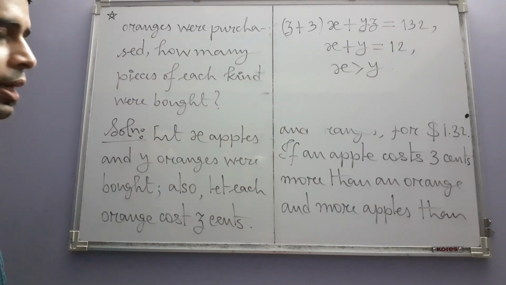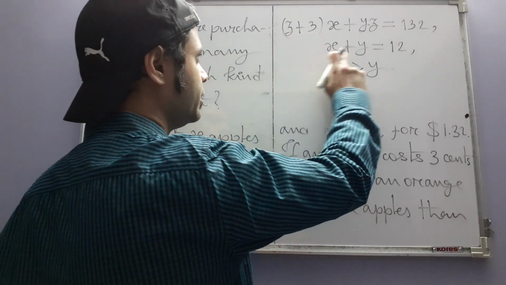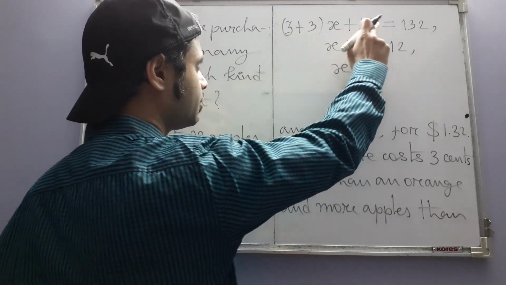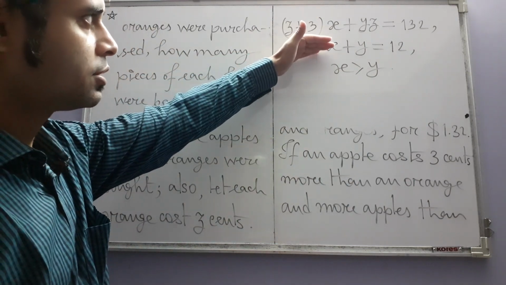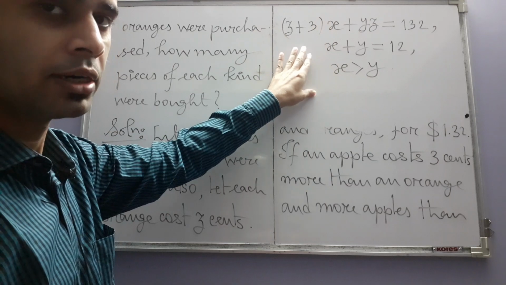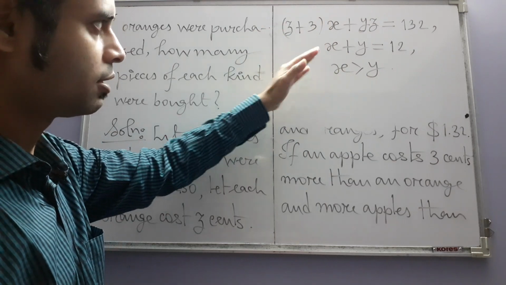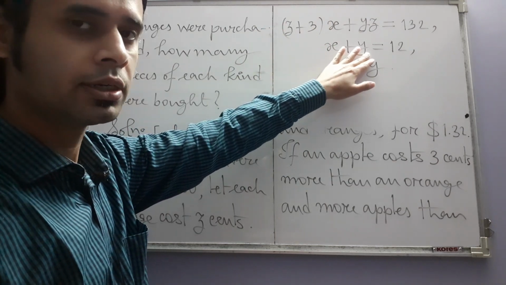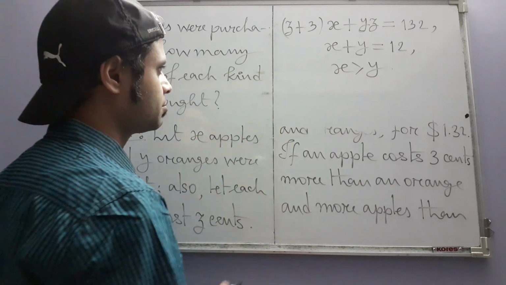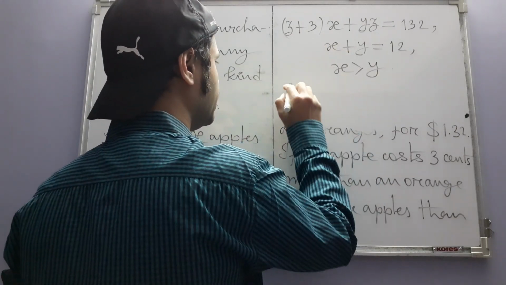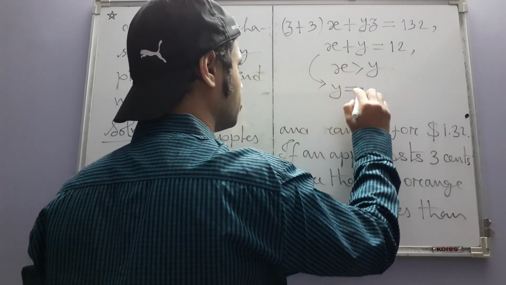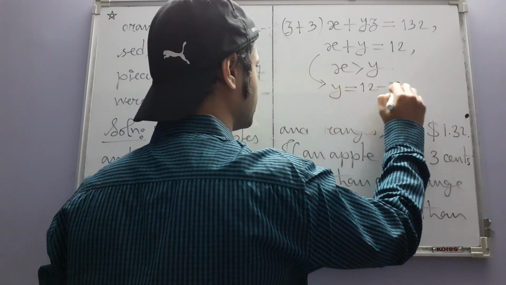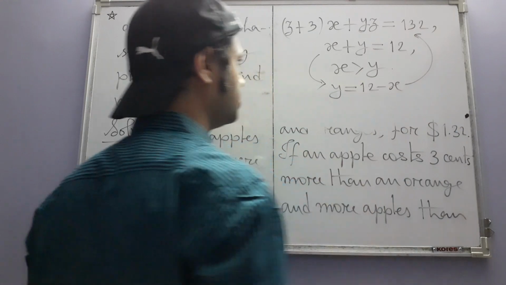Okay, so we can see that although here we have two variables, here we have three variables. Using these two equations, we can eliminate one of the variables, which the author has done. He has eliminated y, so he has used this substitution, y equal to 12 minus x here.